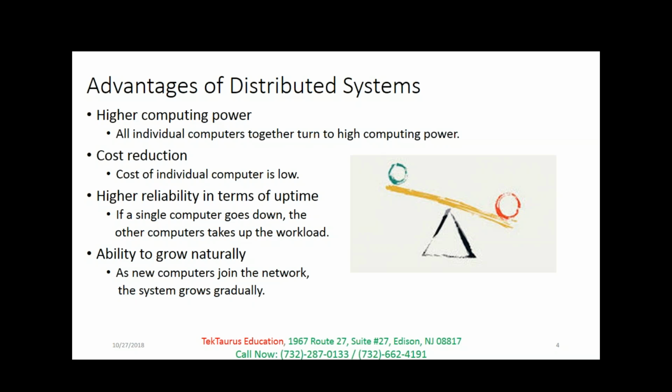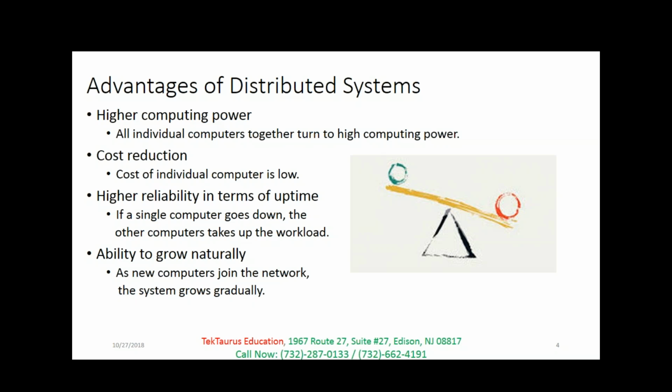Yeah. Cost reduction means that if we get a very big supercomputer to do a lot of tasks, it will be very costly. But if we start with 2 or 3 systems connected in a distributed environment, then the cost will be comparatively low, and as per the demand, we can increase the number of nodes or systems in the network.